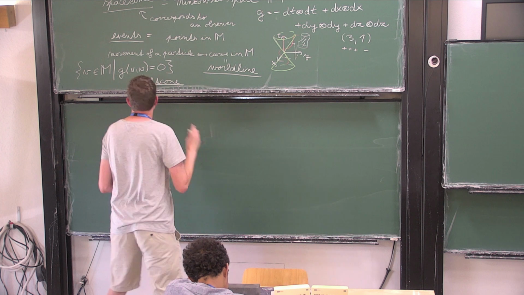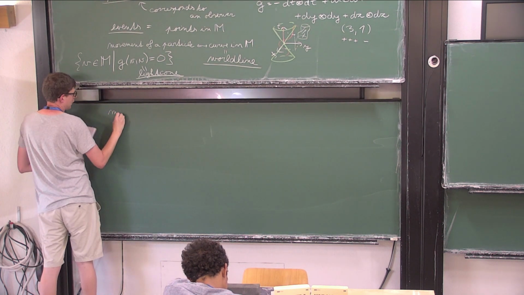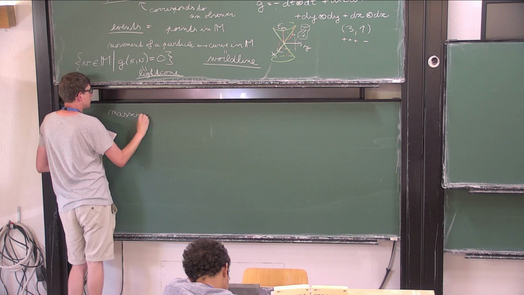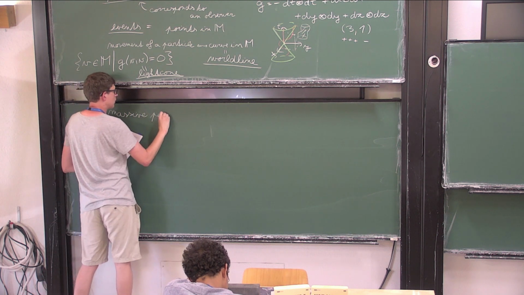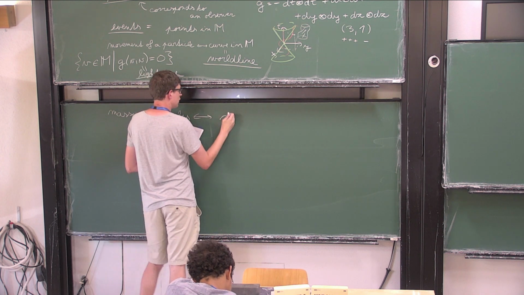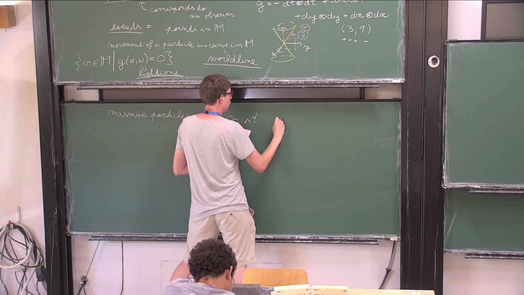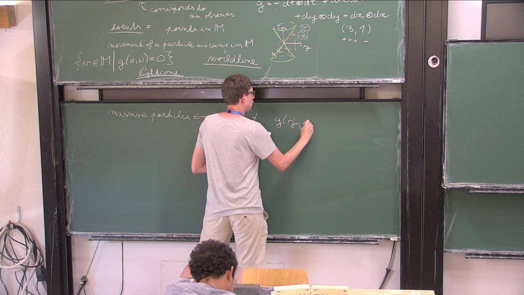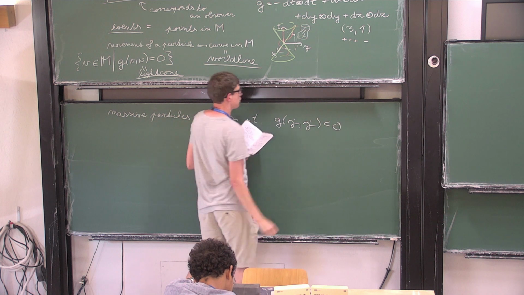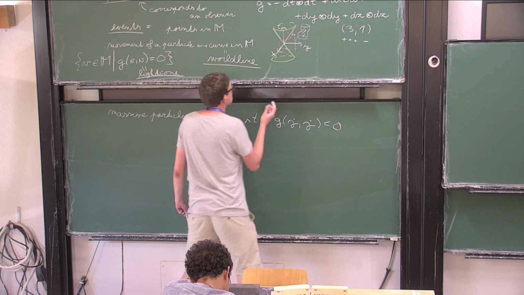Now, if you have something that's not light, but a massive particle, or a normal thing that has mass, these correspond to curves that stay within the light cone. So they move slower than the speed of light.